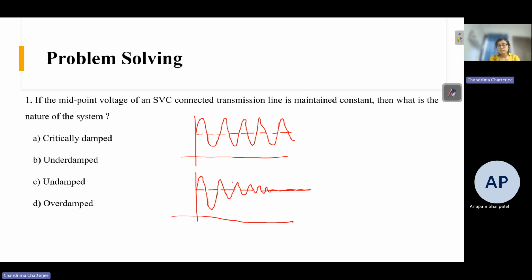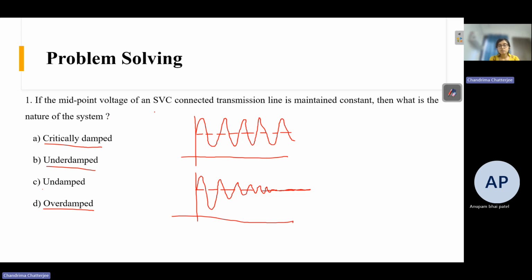Then we say the system is damped. Now there are different kinds of damping. The system may be critically damped, underdamped, or overdamped. You must have studied all this in your basic electrical subjects.